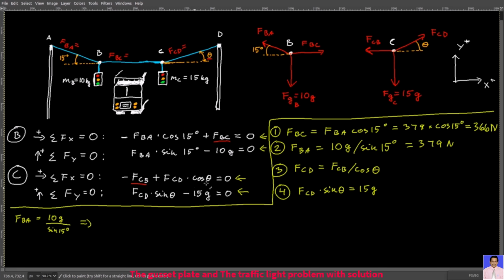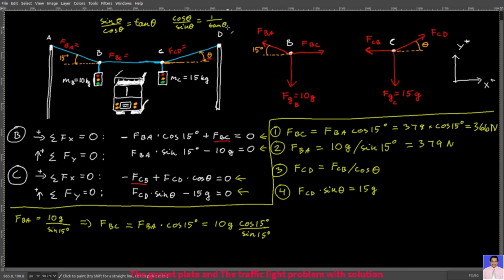That means that FBC, which was FBA times cosine 15 degrees, essentially you can write it like this. 10g times cosine 15 degrees over sine 15 degrees. Now you know that sine theta over cosine theta equals tangent theta, but it also means that cosine theta over sine theta equals 1 over tangent theta, which means that here FBC equals 10g over tangent 15 degrees.